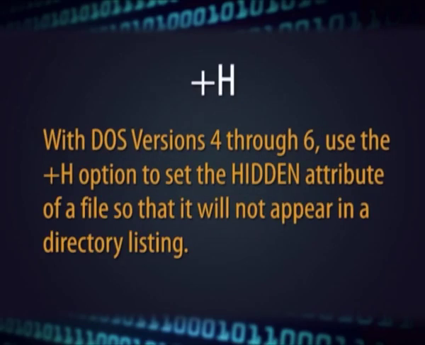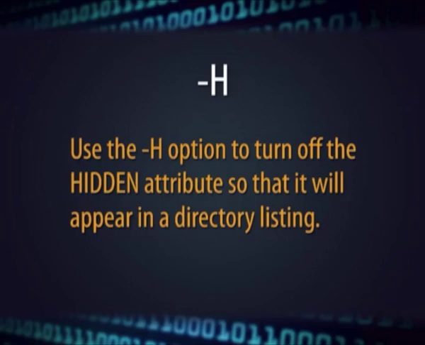With DOS version 4 through 6, use the +h option to set the hidden attribute of a file so that it will not appear in a directory listing. -h option is used to turn off the hidden attribute so that it will appear in a directory listing.